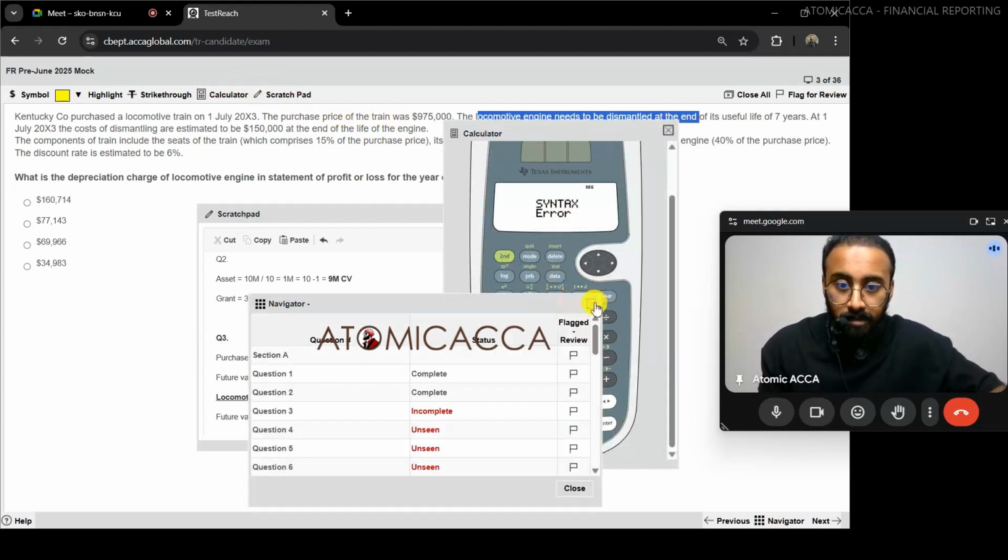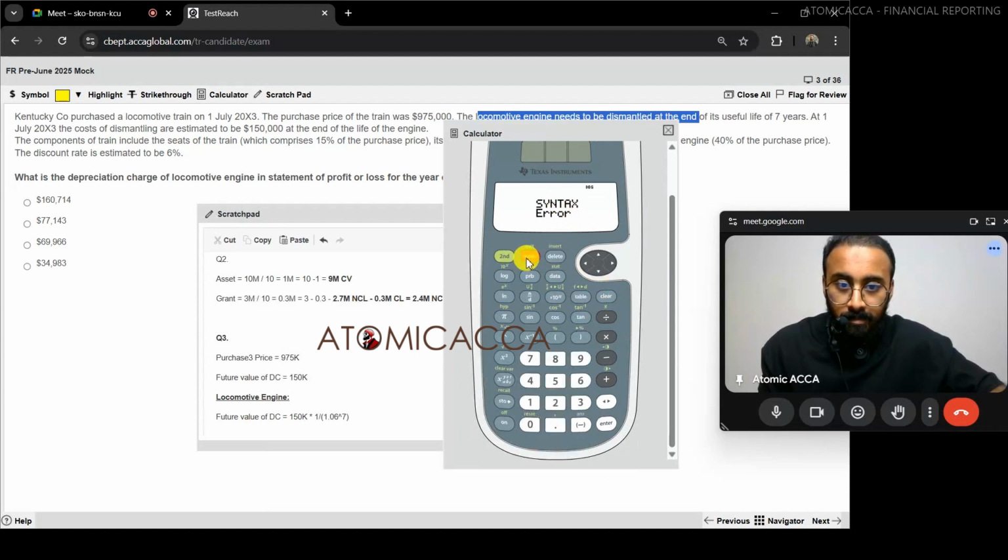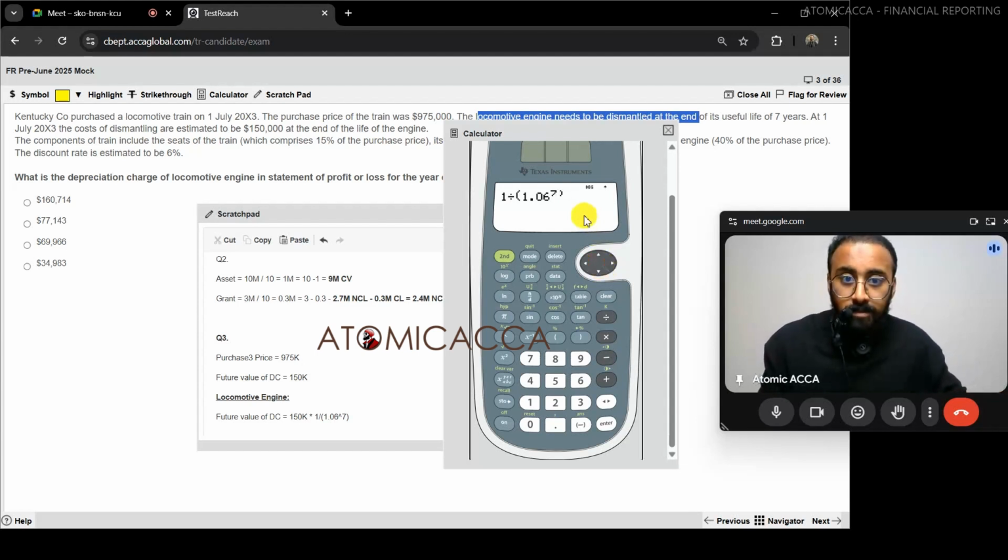How do I restart this thing? Clear. 1.06 raised to 7.